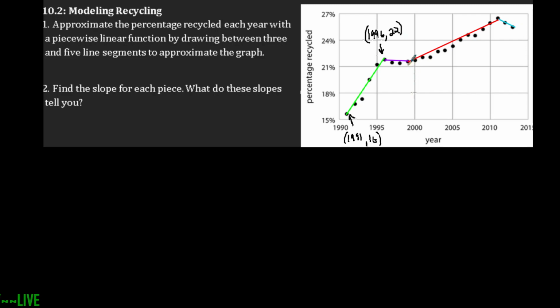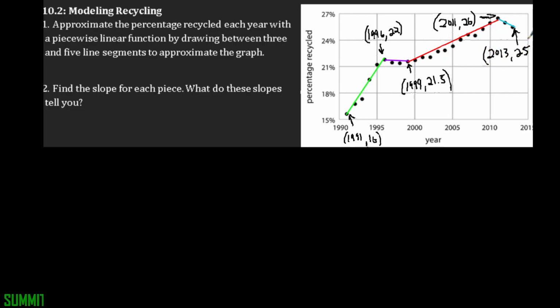The other changing point right here is going to be 1999 and 21.5%. Then this point up here is going to be 2011 and 26%. And this last point, or this end point that I can have, is 2013 and 25%.